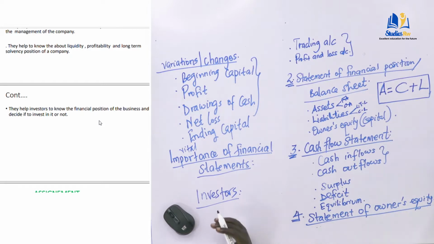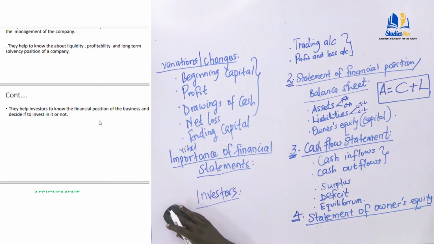Remember, before I wind up this lesson, my dear learners, our objectives were explaining what financial statements are, explaining the types, where we have looked at 4 major types: the income statement, the balance sheet, the statement of changes in owner's equity, and the cash flow statement, and the importance of preparing these financial statements.